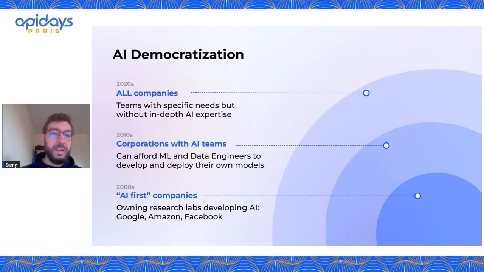In the last couple of decades, AI moved from being essentially developed in university labs to being developed by big companies like Google and Amazon internally for doing ads, research, optimization, and recommendation, for example, for Amazon, to, in the late 2010s, being integrated into very large corporations that have been recruiting a lot of data scientists and data engineers, to now being very easily accessible to any company, any type of team, and without the need to recruit experts in the field.